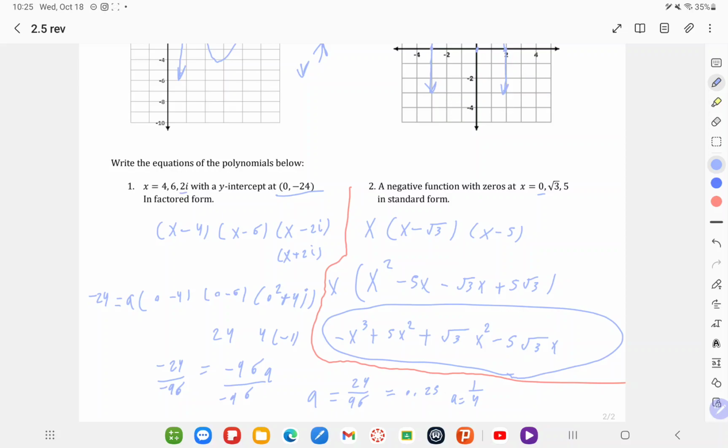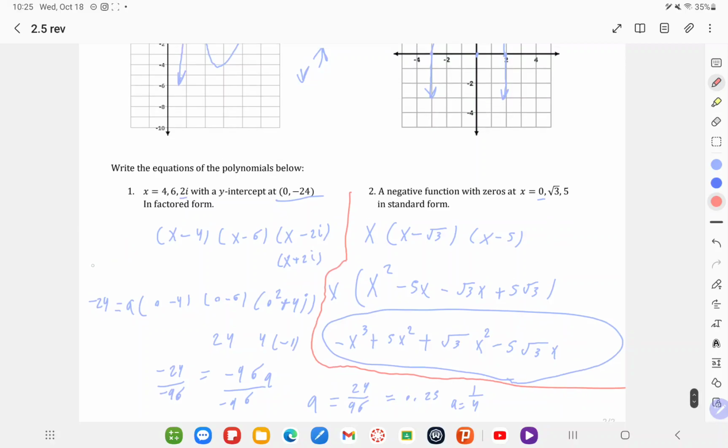What that leaves us with is the final answer here, which is going to be 1 over 4, then parentheses, x minus 4, and then x minus 6, and then x squared plus 4.